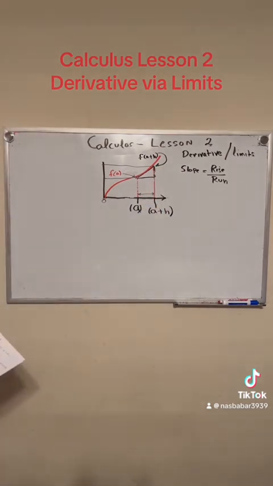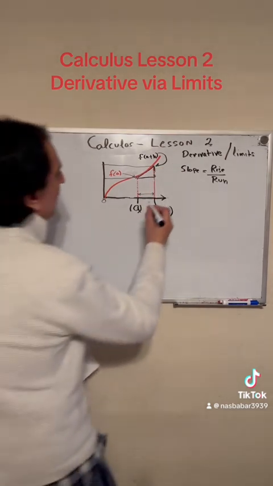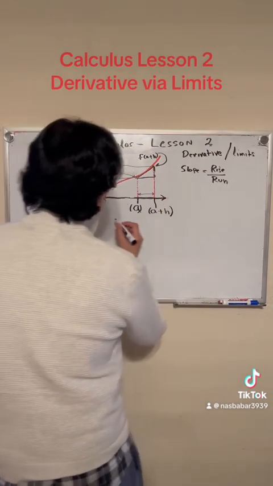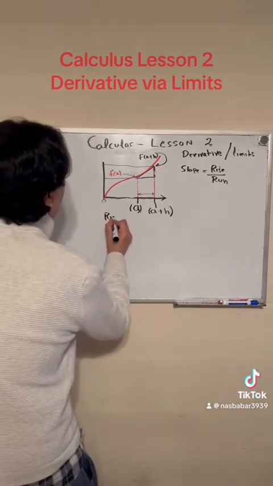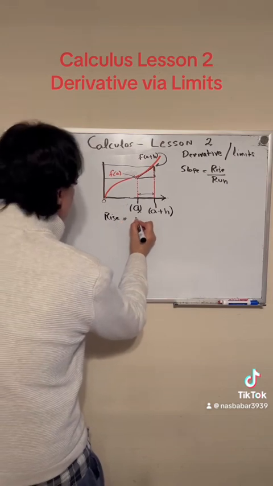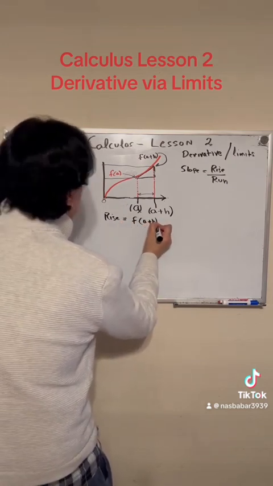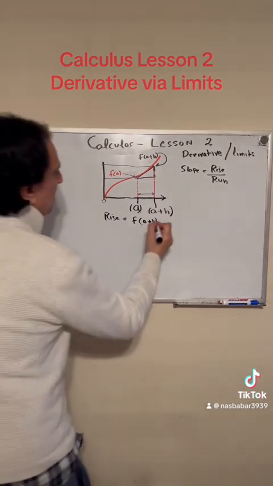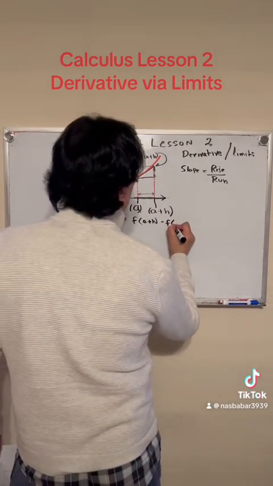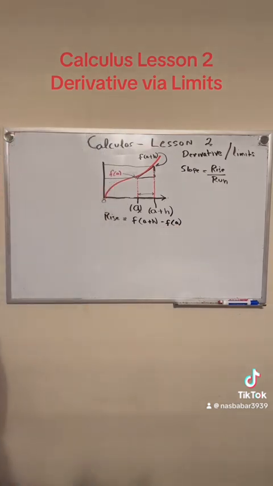So then what is going to be my rise? My rise is going to be, let me write it down over here, function of a plus h, minus function of a.